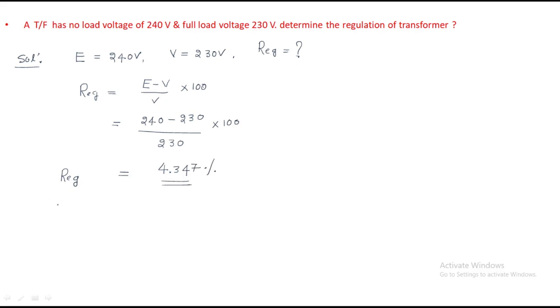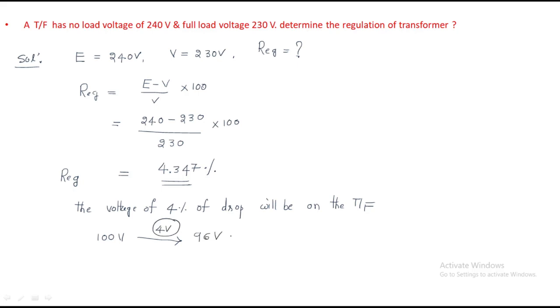The meaning of this is that 4% of the voltage will be dropped across the transformer. If the transformer produces 100 volts, for example, 4 volts will drop in the transformer only, and 96 volts will be supplied to the load.